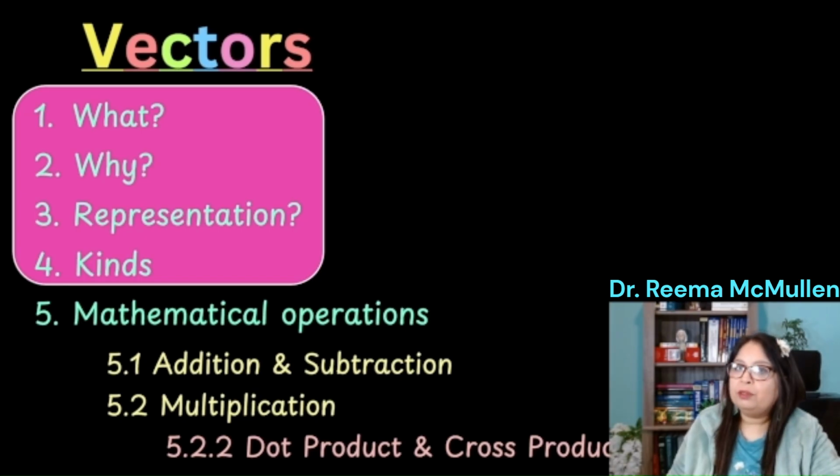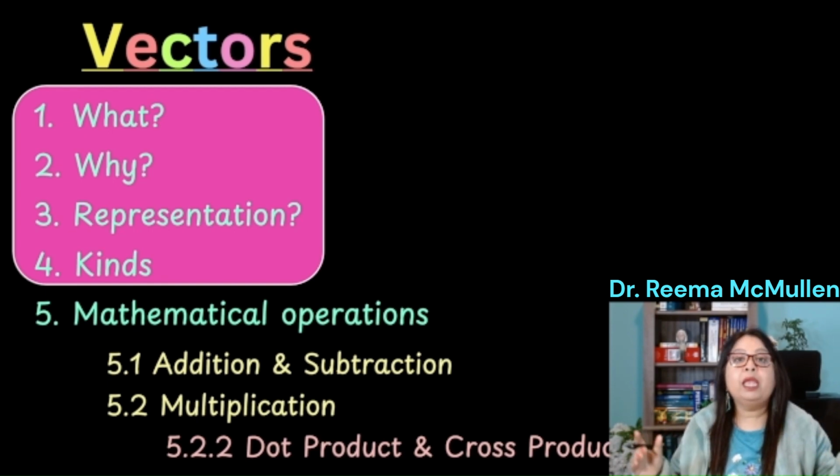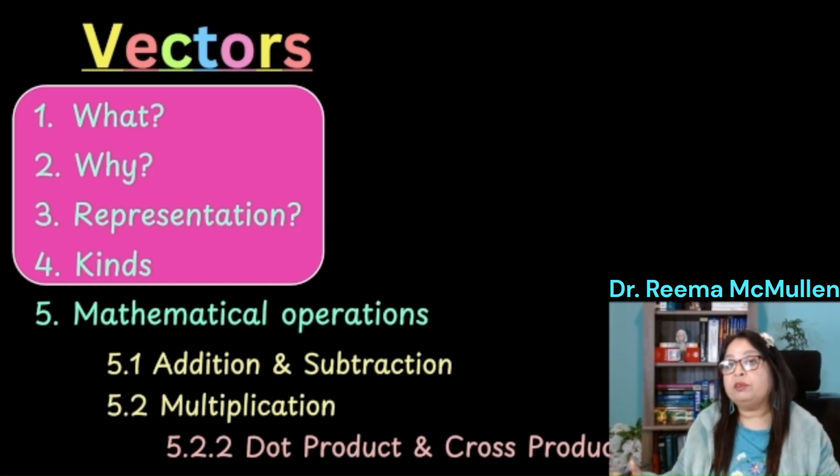And the rumor is that the students these days do not have a very long attention span. So I'm not about to make a super long lecture, although I do have some super long lectures. But this one, I'm going to try to keep it short and simple and work on only what are vector quantities, why we need vector quantities, how do we represent them, and how many different kinds of vectors are there. So are you ready for it? Well, I am. Let's jump into it.